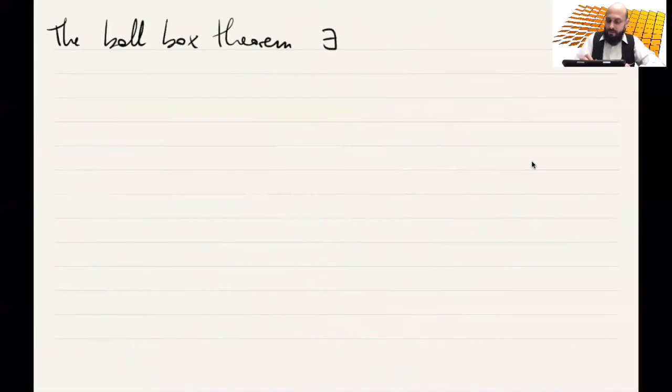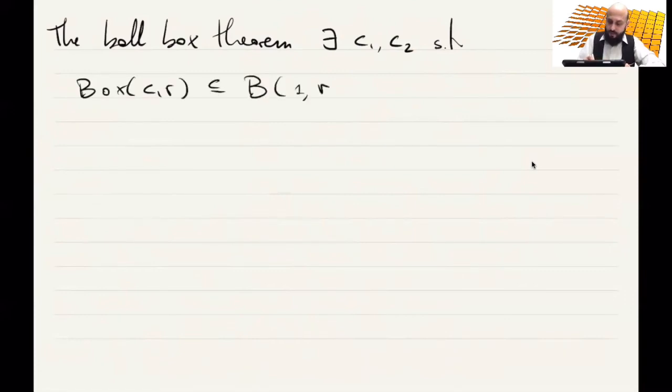There exist constants C1, C2, actually probably C1 could be equal to 1, such that the box of constant C1r is contained in the ball of radius r, which is contained in the box of C2r, for all r.